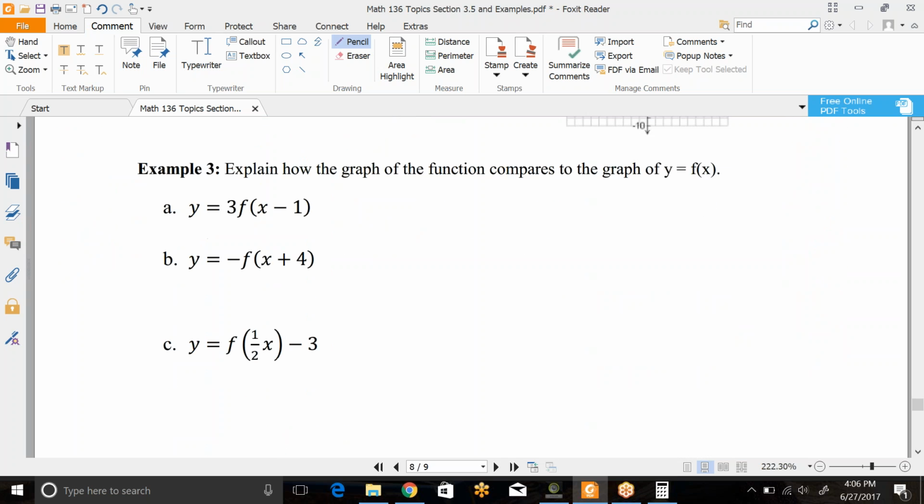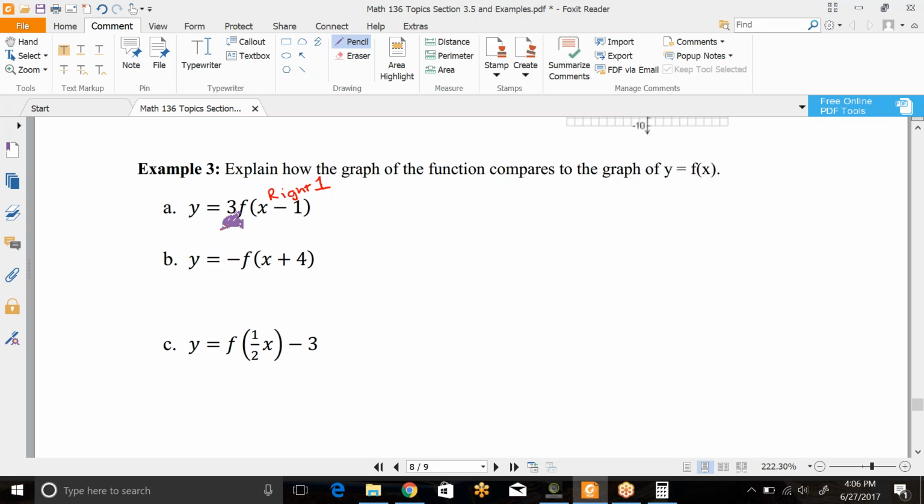This next part has you not graph anything, but just explain the transformation in words. When you do this, you want to make sure you always go in the order of closest to x and then work your way out. For this one, notice that there is going to be a shift right 1 because of that minus 1 inside the f of x part.